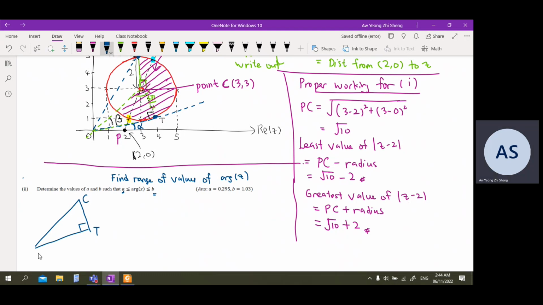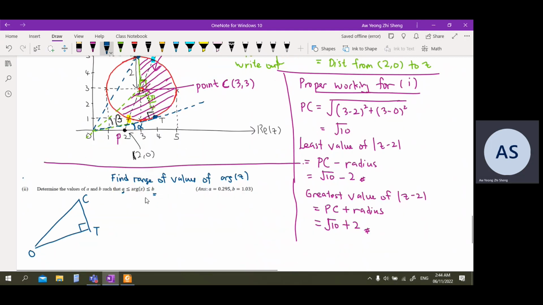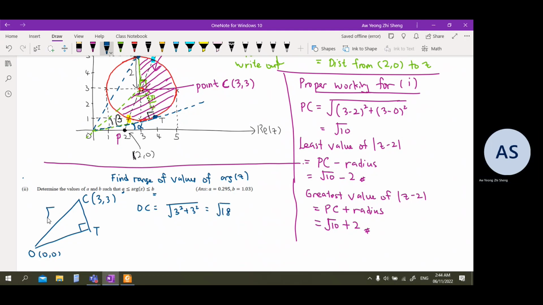I'm looking at CTO. It is a right angle triangle. Okay, OC, the distance. Do we have OC just now or we didn't? Okay, so we have to calculate OC ourselves. OC will be square root of 3 squared plus 3 squared. That gives surd 18. CT is the radius, which is just 2 units.